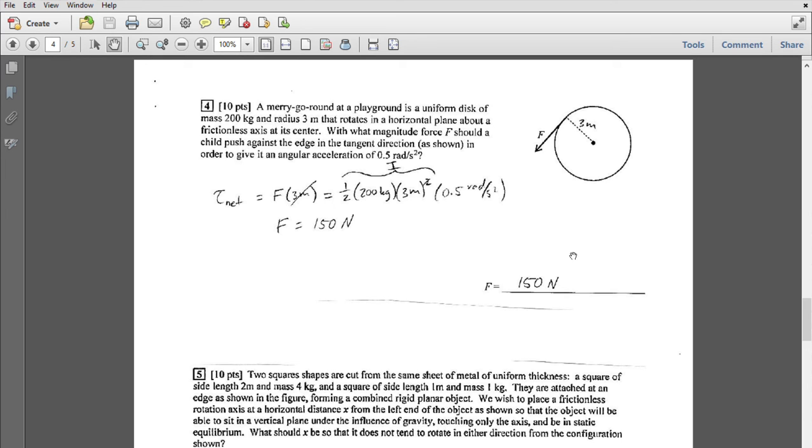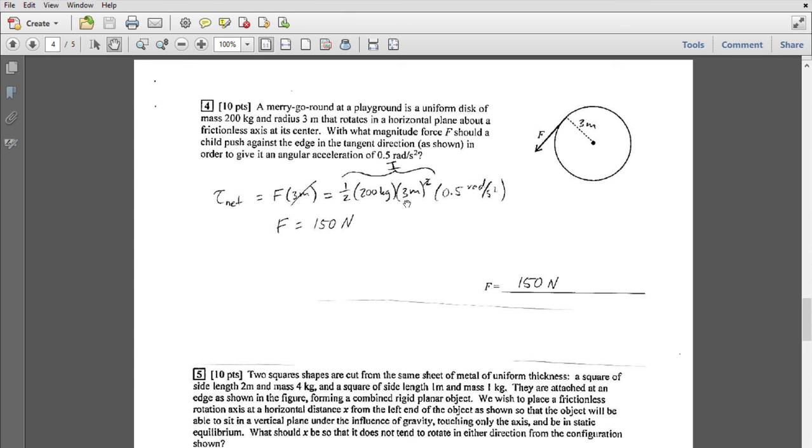And in this case, the child is pushing in the direction tangent. Remember, if we draw the line that contains that force, the meaning of the moment arm is that perpendicular distance from that line to the axis of rotation. So that means the moment arm is 3 meters. So the torque is F times 3 meters, and we want that to be equal to I times alpha.